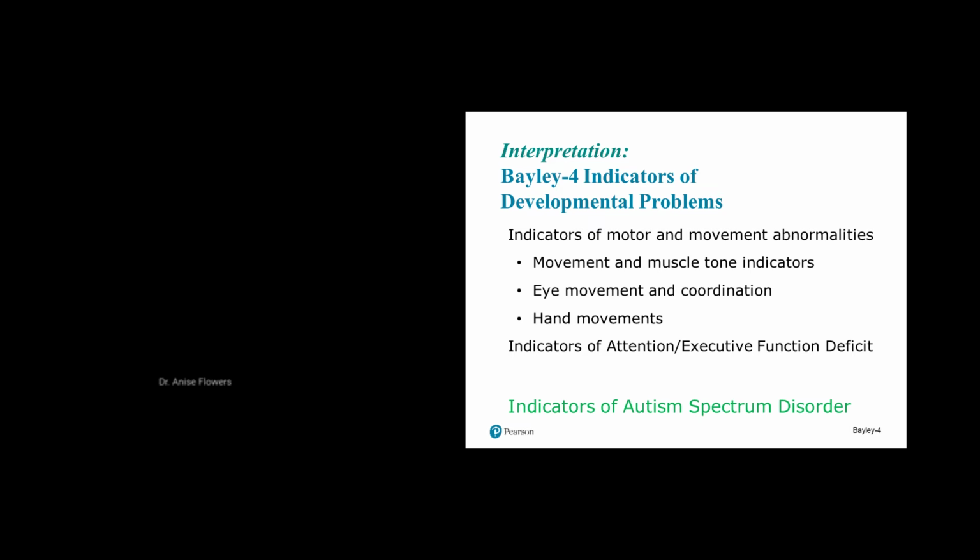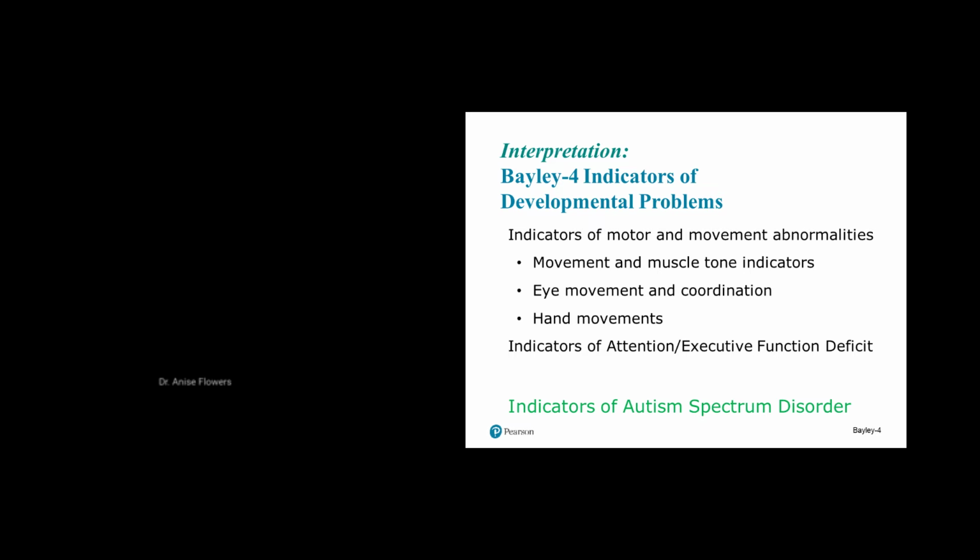The other thing we have in our manual to supplement your standard scores are some lists of indicators of developmental problems. There are lists of these for motor and movement abnormalities, like movement and muscle tone indicators, eye movement and coordination, and hand movements. There's a list of early indicators for attention executive function deficits.